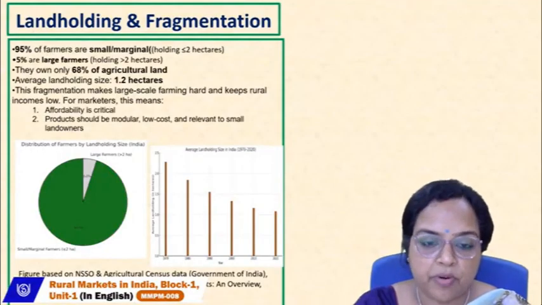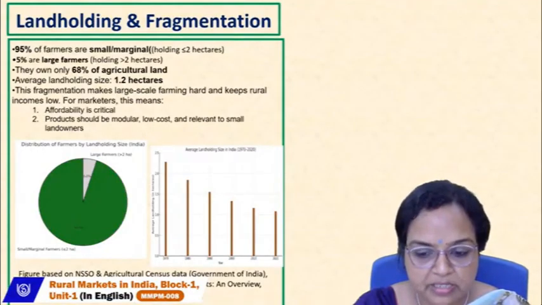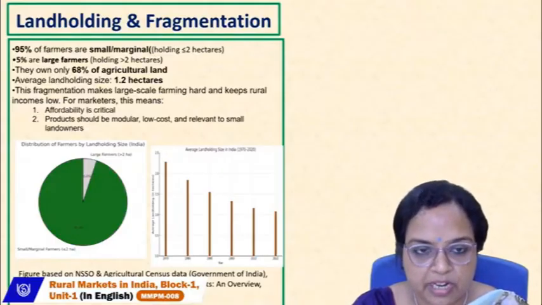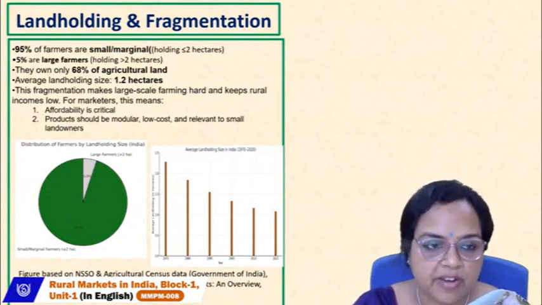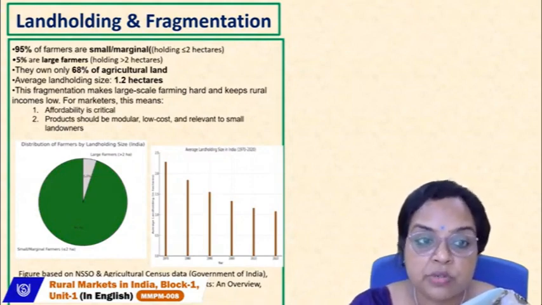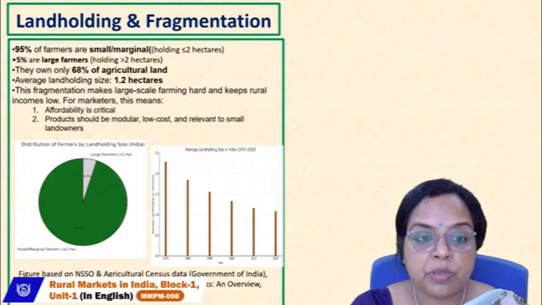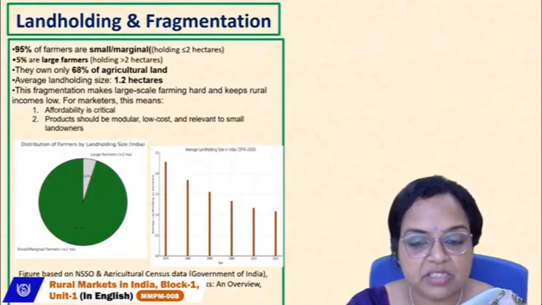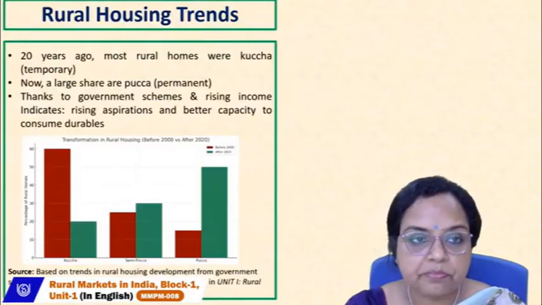They don't have money in their pocket due to having less land, or the land size is now small for them, or they are having less than 2 hectares of land. So marketers have to take note of this. Products should be modular, low cost and relevant to small landowners, because the statistics are showing that.